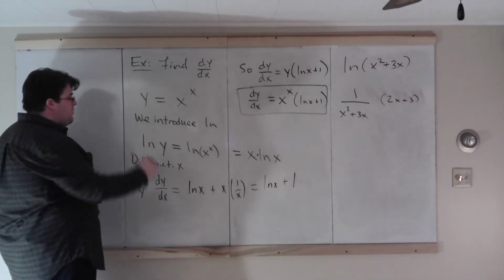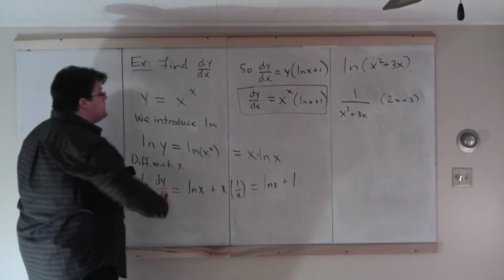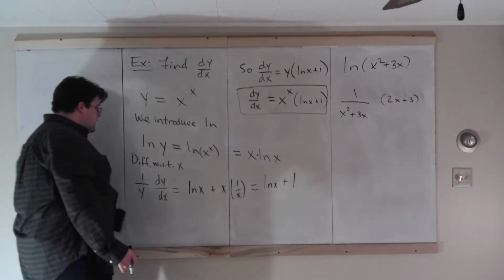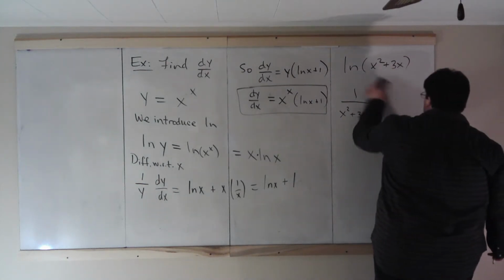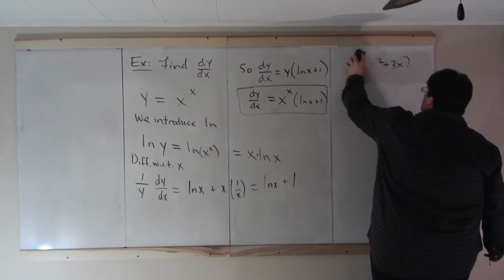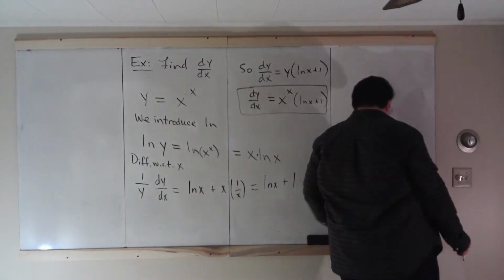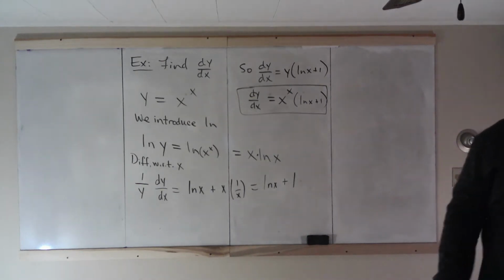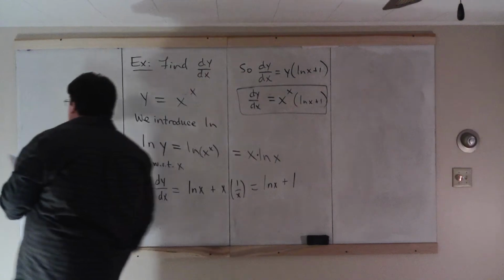That turned it into a product, and then we differentiated implicitly and solved for dy dx. Let's do one more of these. Find dy dx for this example.